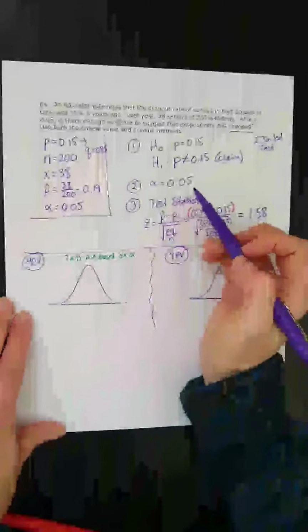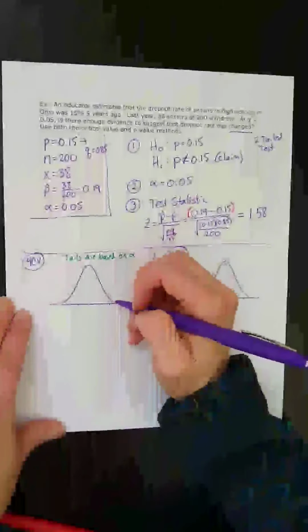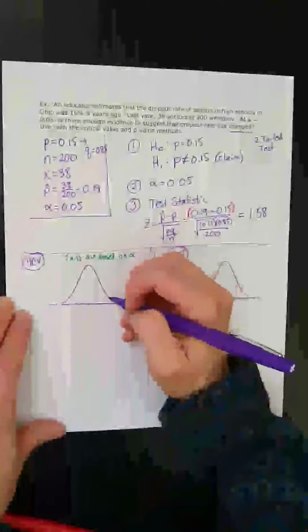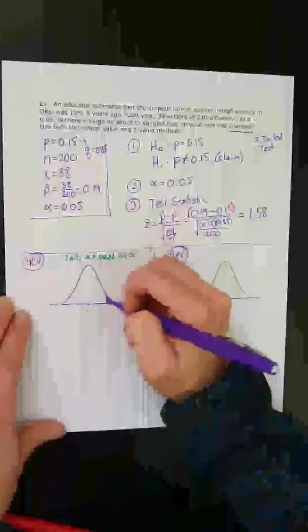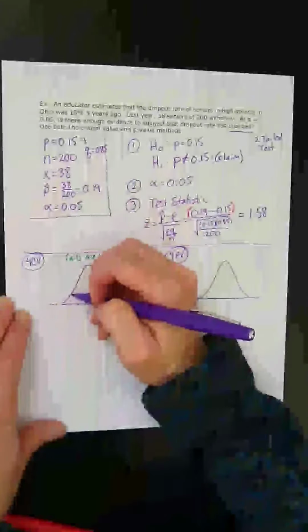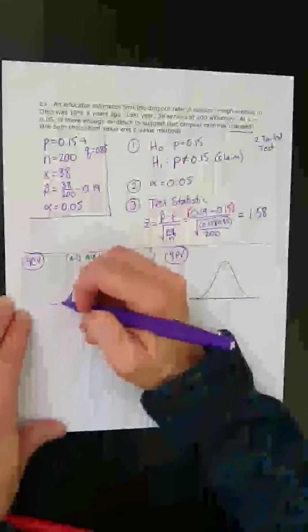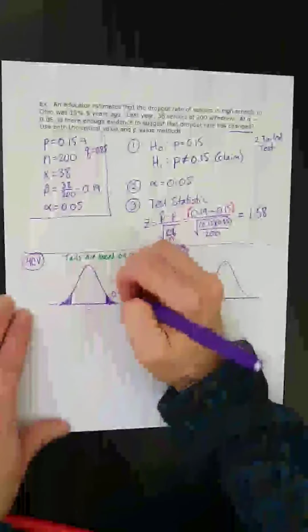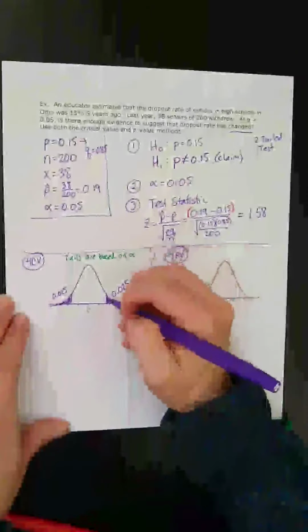So alpha was 0.05, but it was a two-tailed test. So we have 0. We have a tail on the right and a tail on the left. So because alpha was 0.05, 0.025 is the area of each tail.